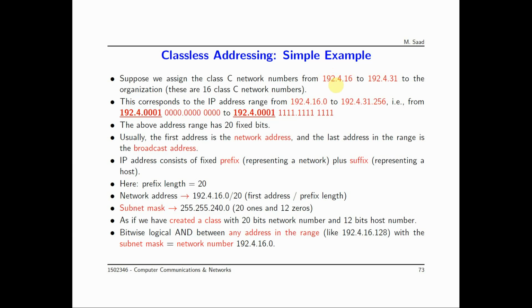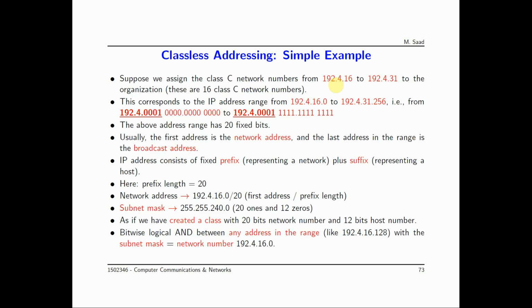In addition to this, we have the 3 fixed bits. For the Class C IP address, we have the 3 fixed bits, 110, followed by 21 bits that represent the network ID, and then followed by only 8 bits that represent the host ID. So the fixed bits for a Class C network are 24 in total, the 3 fixed ones and the 21 network ID bits, so 21 plus 3 is 24.